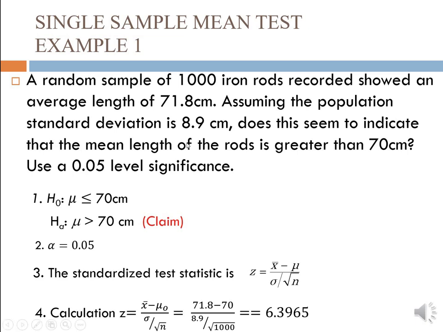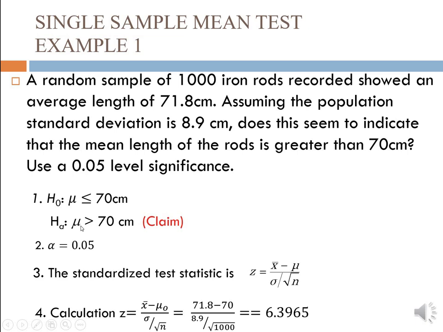So here, the concern which we want to investigate is whether the mean length of rods is greater than 70. So in step 1, if we have to write our hypothesis, then it will be what?